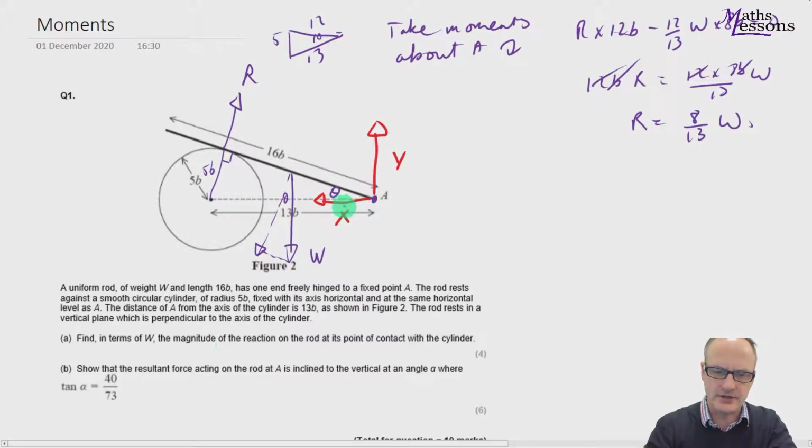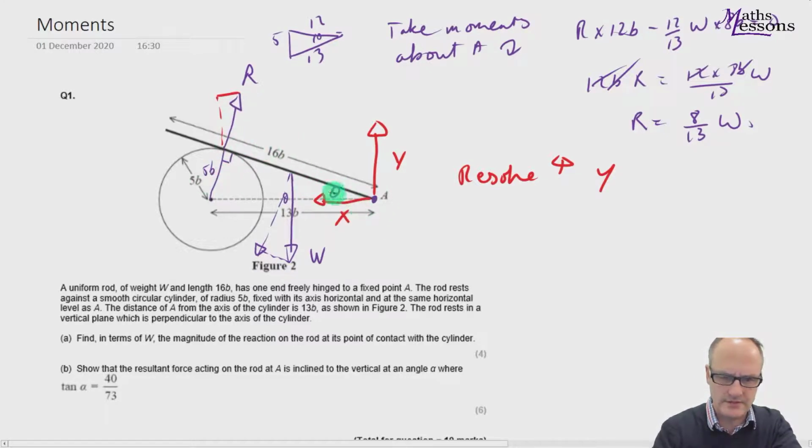Okay, so if we resolve vertically, we're going to have Y plus the vertical component of R coming from here. If that's theta, that's going to be theta as well.